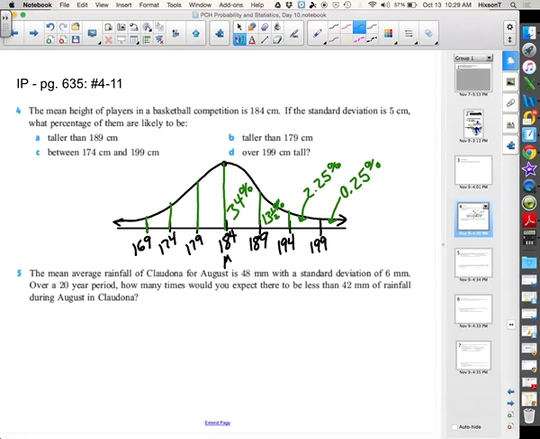Okay? What percent of them are likely over 189 centimeters tall? Well, now you're just adding 13 and a half, 2 1/4, and 1/4. You add those up, you get 16%.